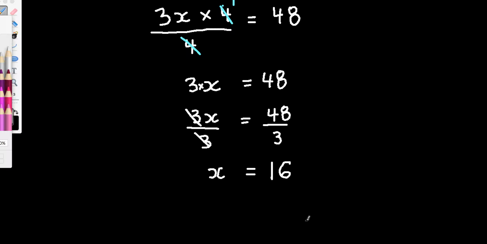Made a bit of a mess of that explanation, I'm sorry. Alternatively, I just look at the 48 and I go, well, 3 doesn't go into 40 perfectly, but it does go into 30 10 times. And then I'm left with 18, and I know that 3 goes into 18 6 times.